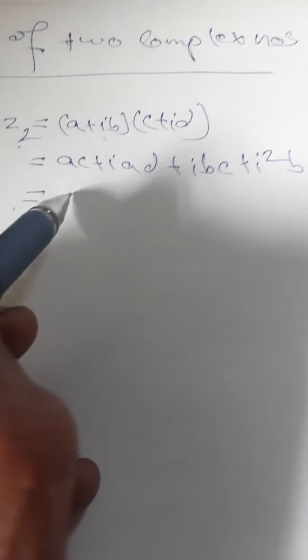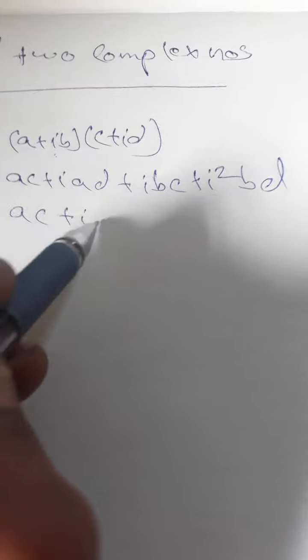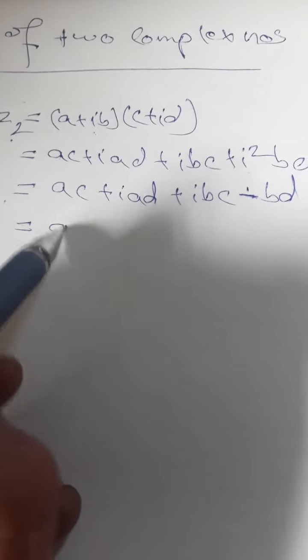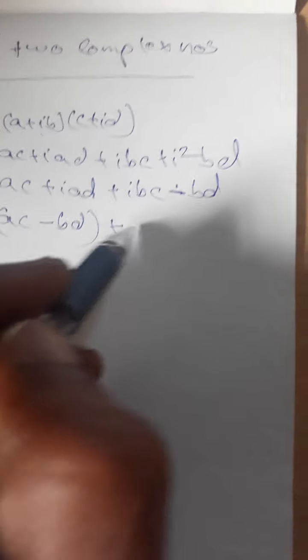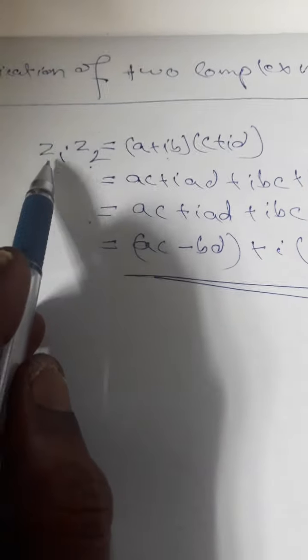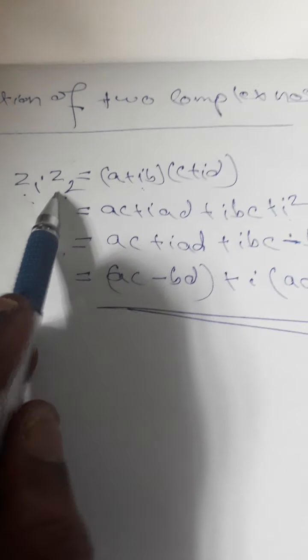So this will be ac plus iad plus ibc minus bd. So this will be ac minus bd plus i into ad plus bc. This is also a complex number. So this is z1 into z2.